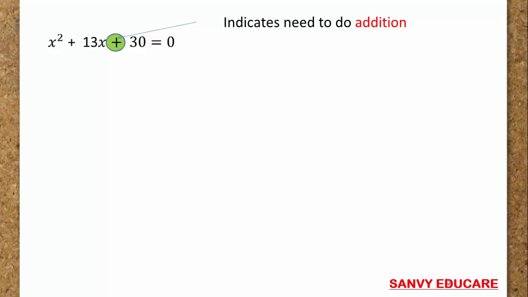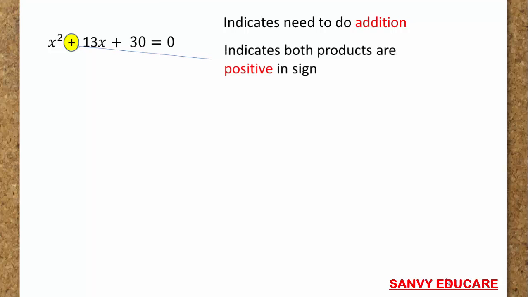The sign before the coefficient of x is also plus, which indicates that both products are positive in sign. The constant term sign shows addition, and the middle sign shows that both products we get afterwards are positive. So let's move further and find the factors of 30.